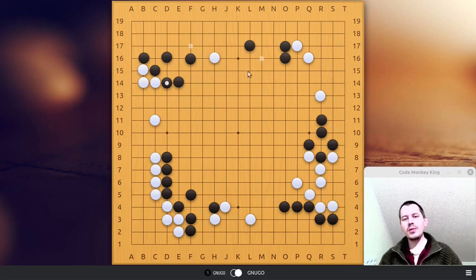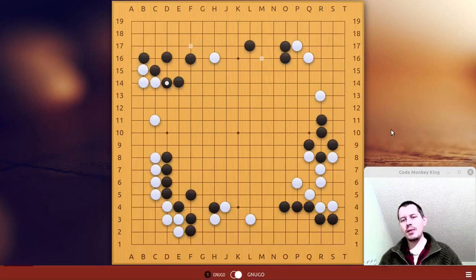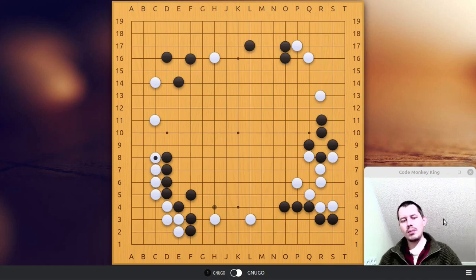Okay, so this point was quite interesting, because here is the position where I was thinking I'm worse. I was thinking I'm losing, to be honest, in here. White plus 16. So you see, it was white plus 39 a few moves before. And then I made something horribly wrong, messed up things. So this position, let's have the estimate here.